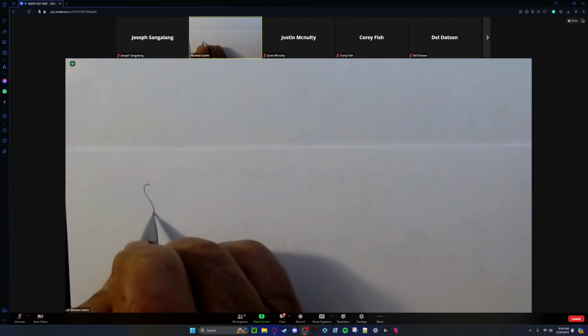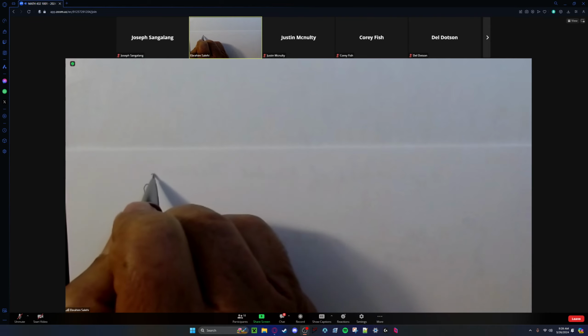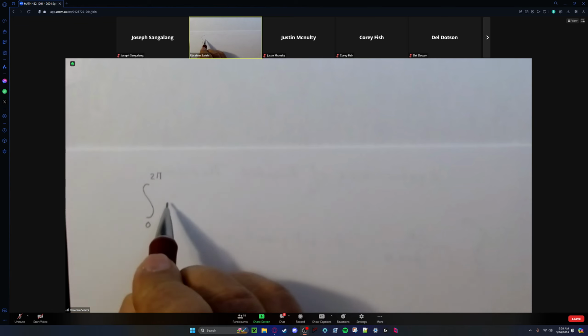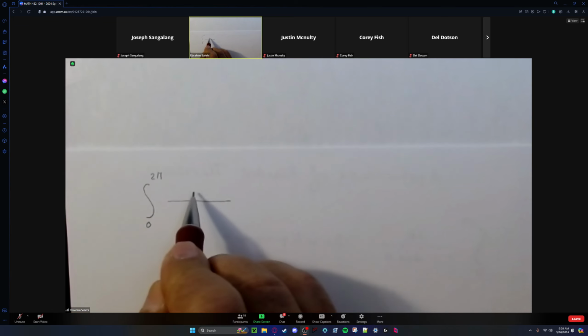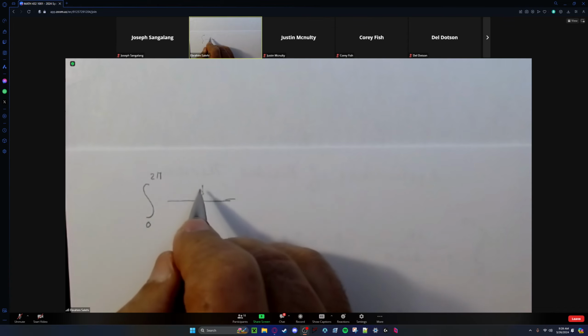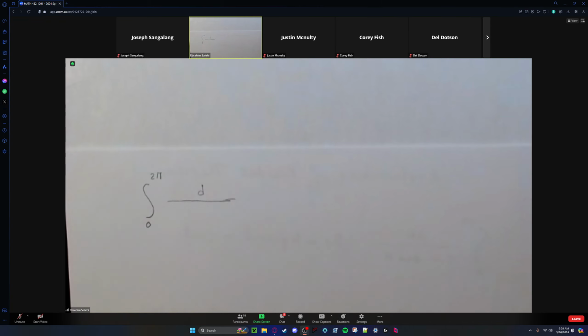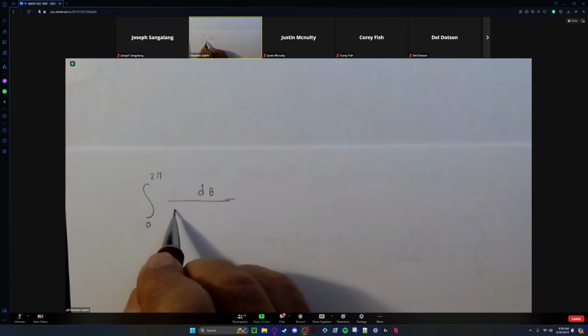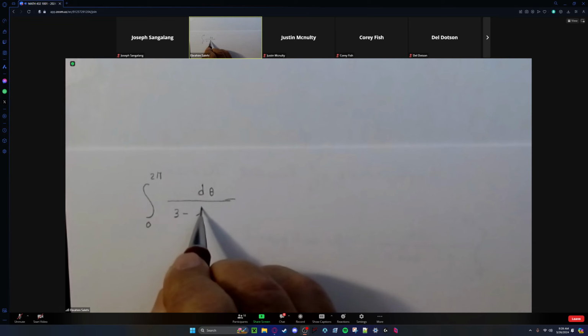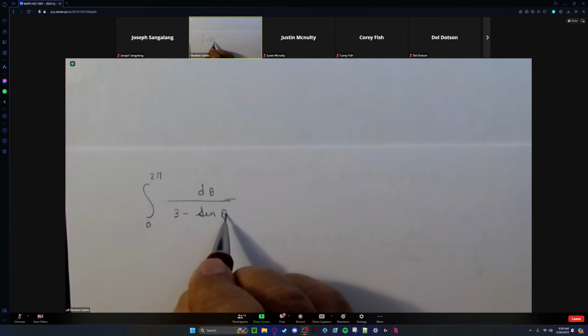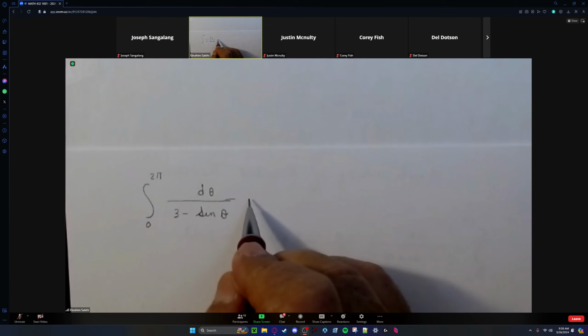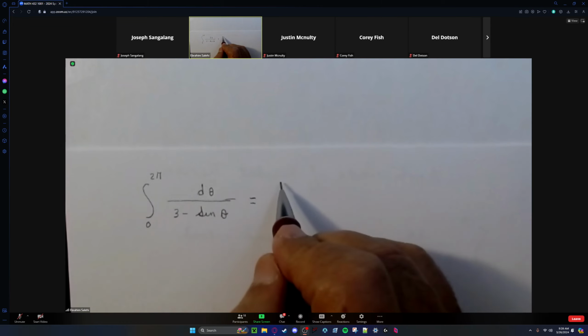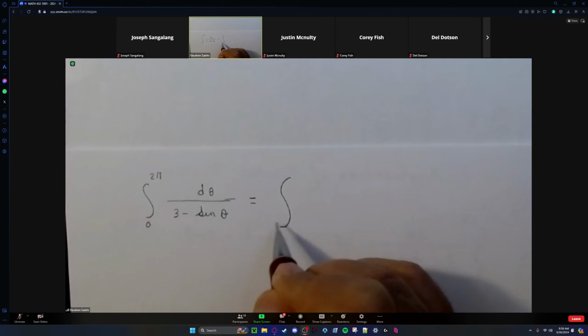The integral from 0 to 2 pi of d theta over 3 minus sine theta became the complex integration over the unit circle.